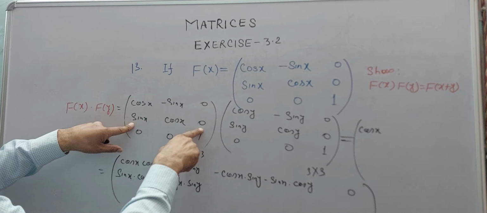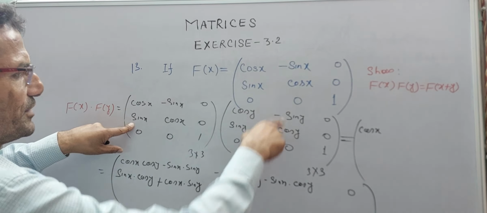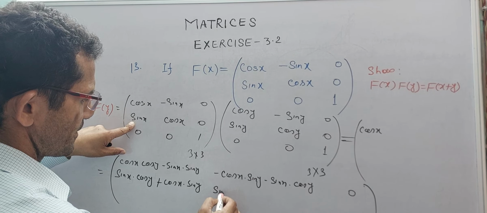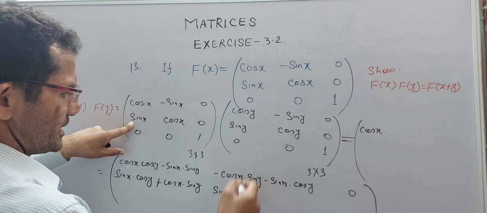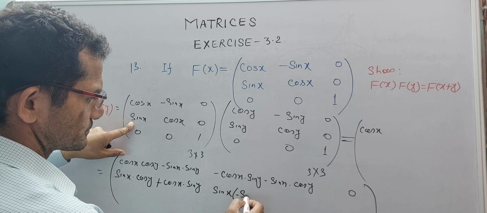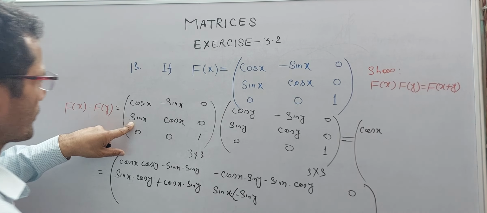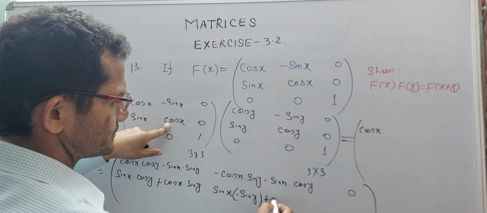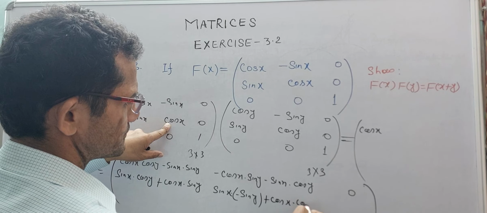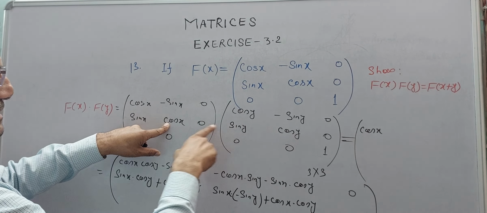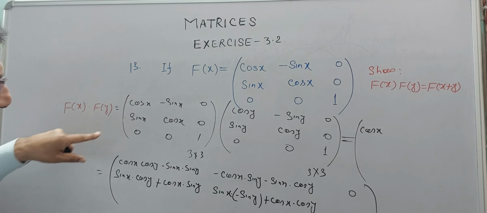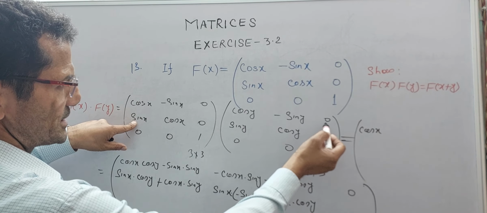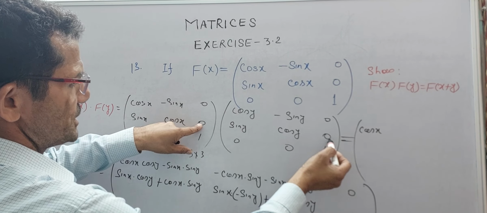Now second row, second column: sin x should be multiplied by this one, minus sin x into minus sin y, and this into this, cos x into cos y plus this into this, and this entry should be 0 now. And for the second row, third column: sin x in this 0, cos x 0, 0 into 1, 0.